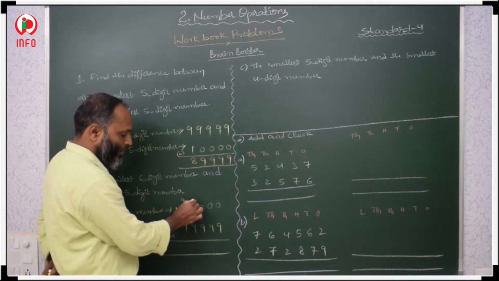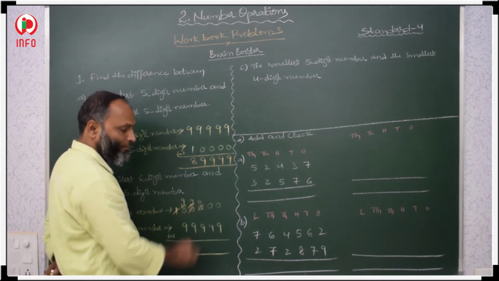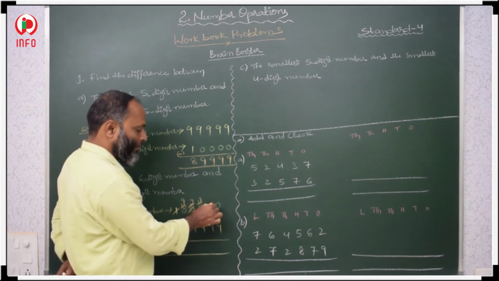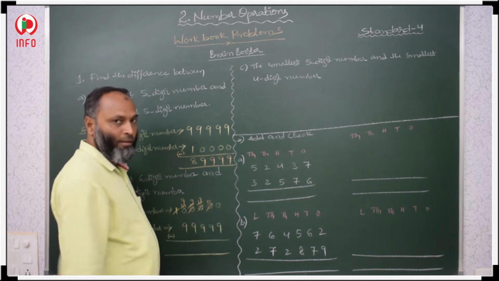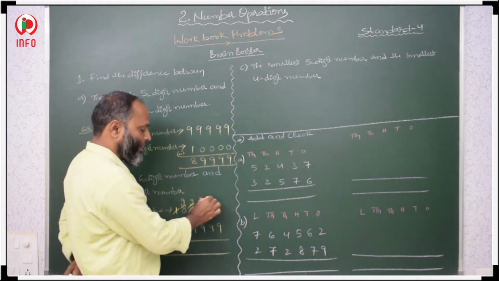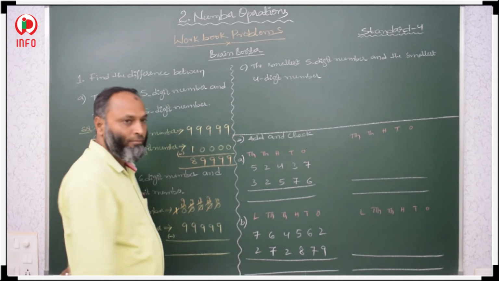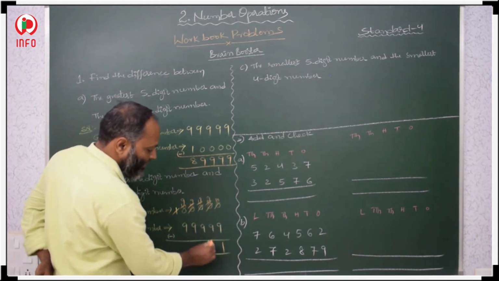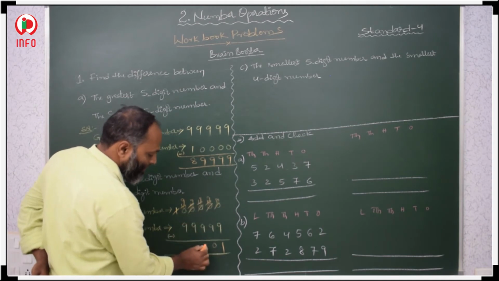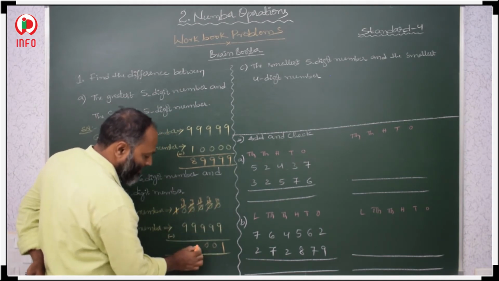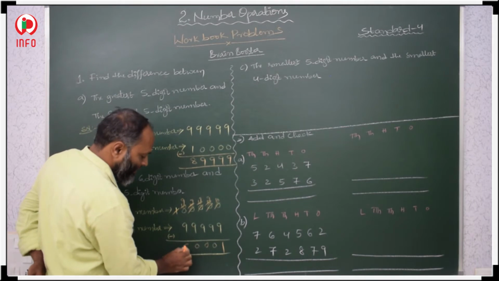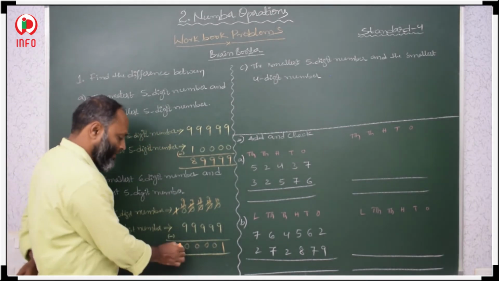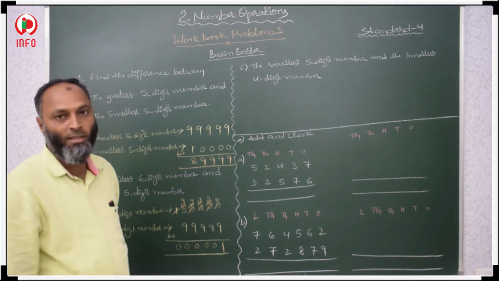Again borrow from here it will become 9, here 10. Again borrow, it will become 9 and 10. And again borrowing from here it will become 9, here it will become 10. 10 minus 9 is 1. 9 minus 9, 0. 9 minus 9, 0. 9 minus 9, 0. 9 minus 9, 0. So 0, 0, 0, 0, 0, 1. It means the difference is 1.